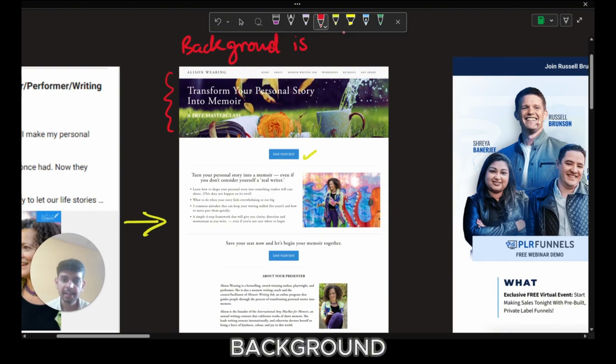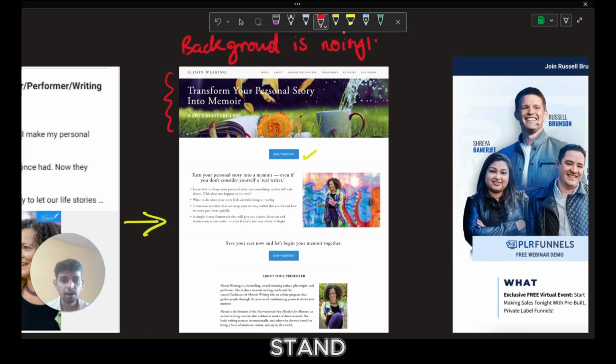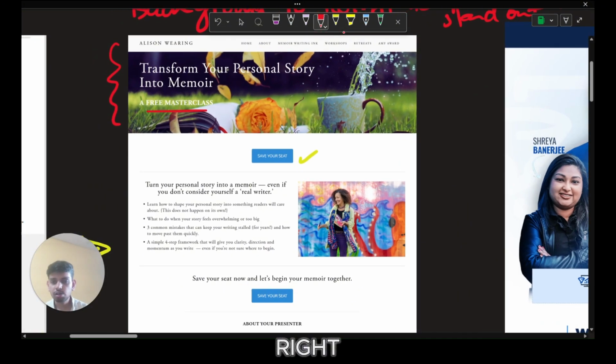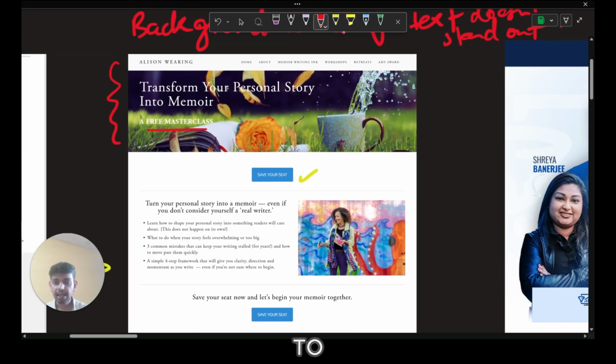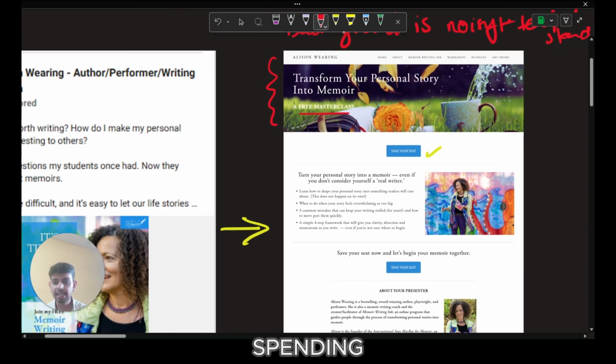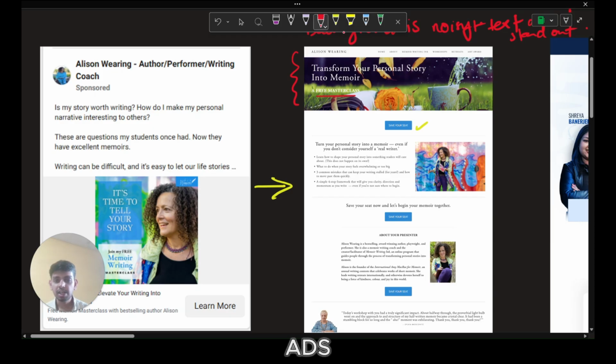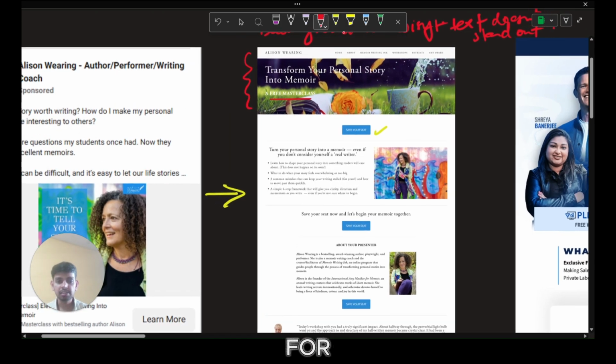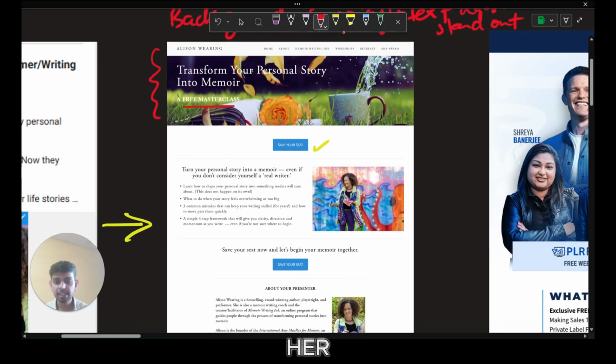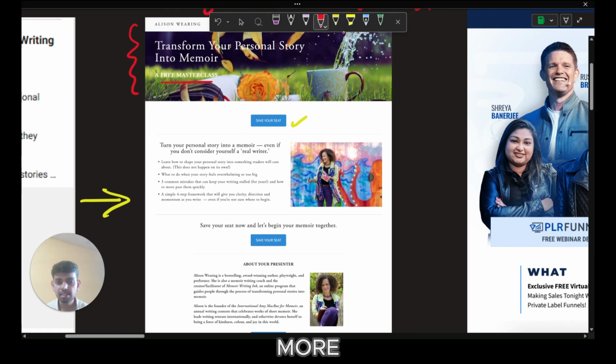Plus the text doesn't stand out. A free masterclass, it's not even visible as free, right? So this is one thing that we have to correct in this landing page, because she's spending money running ads to take opt-ins for her masterclass. So this is obviously hurting her prospects of getting more opt-ins.